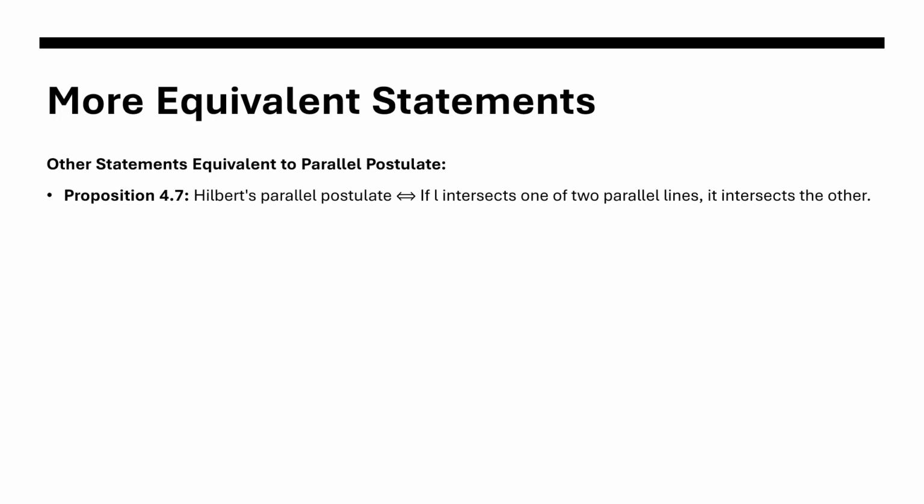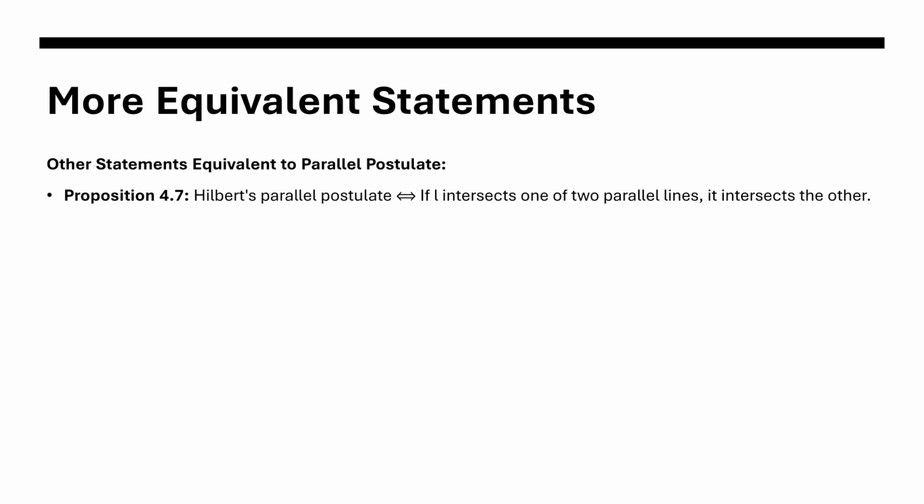So if two lines, let's say M and N, are parallel, and a third line T intersects M, then T must also intersect N.